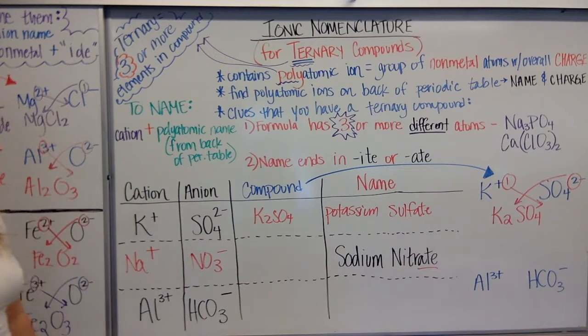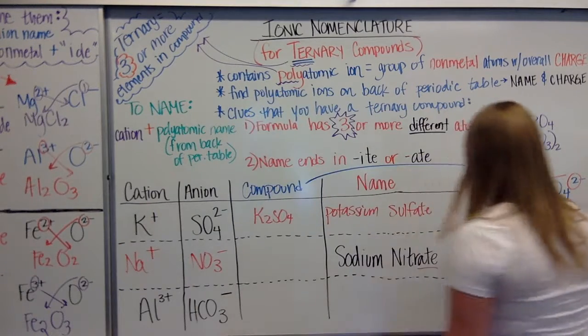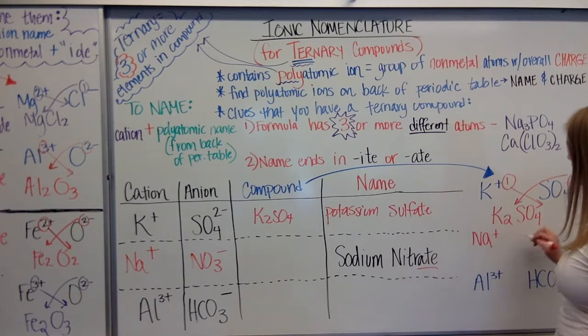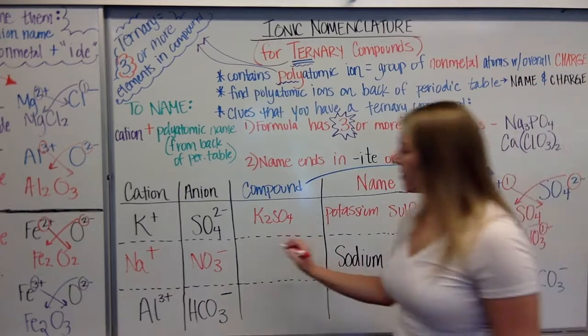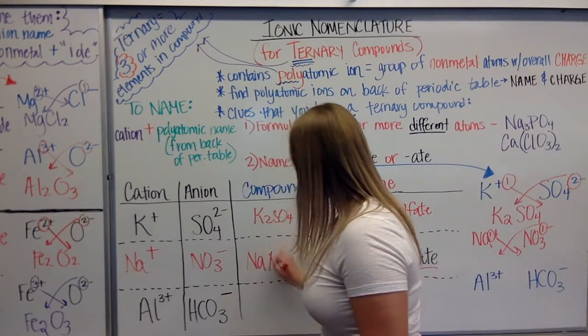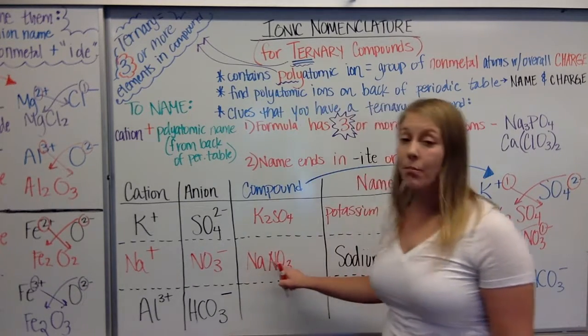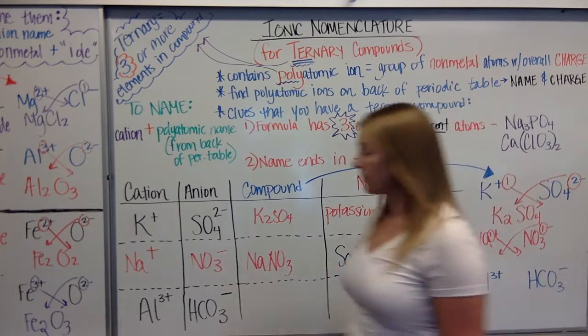Okay? And then I can come over here and actually do the crisscross and reduce method, but hopefully you see that if I have 1+ and 1-, the 1s are just going to crisscross to 1. So I'm going to have 1 Na and 1 NO3. I'm not breaking up that NO3, I'm keeping it together.